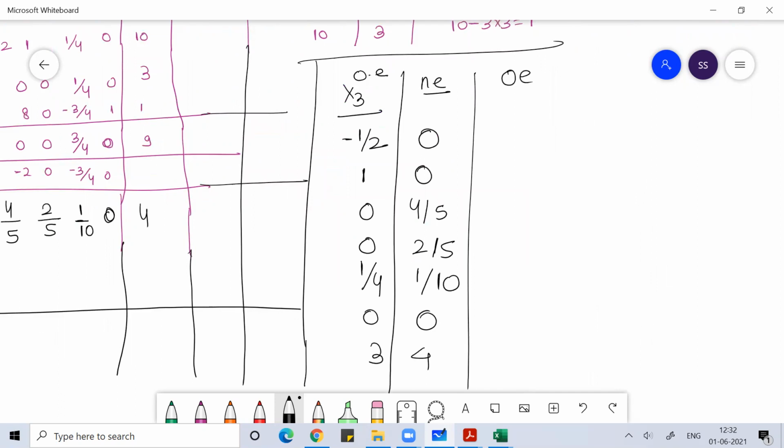This is old element plus new element by 2, so minus 1 by 2.